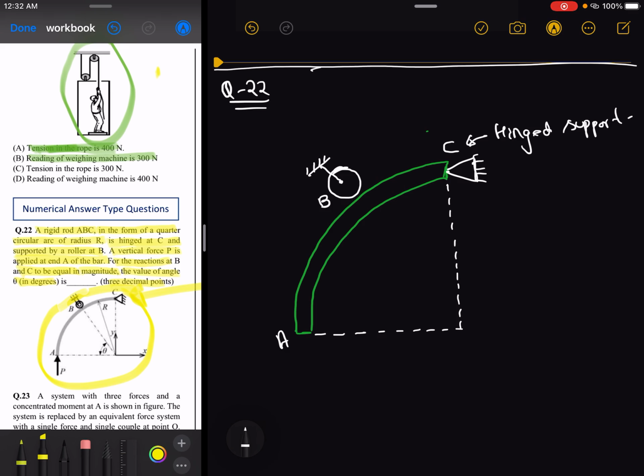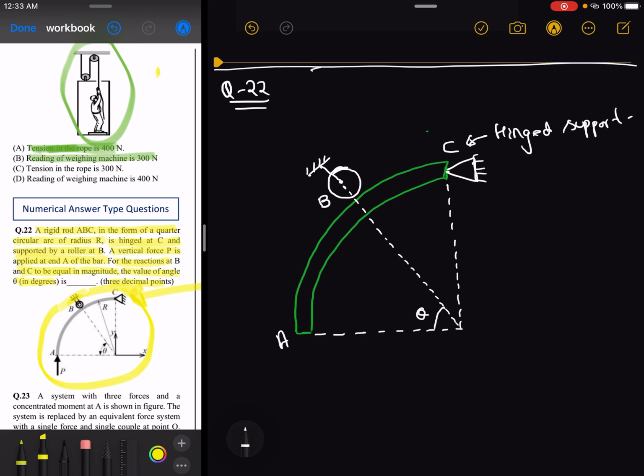In the question, this line is making an angle theta. And the radius of this circular arc which the rod is forming is r.